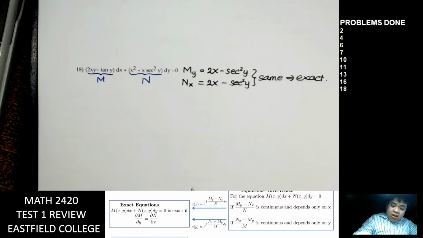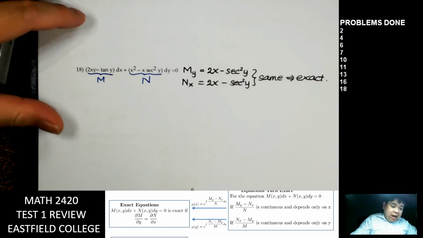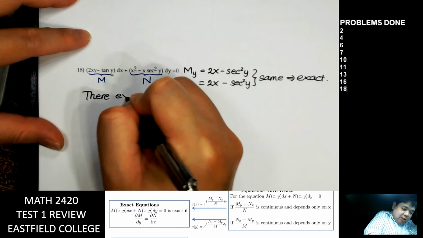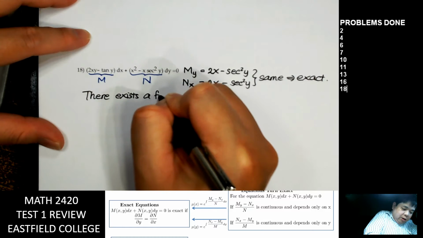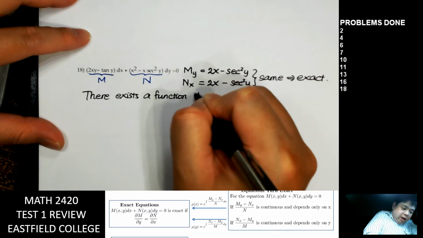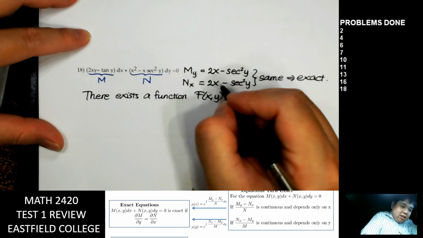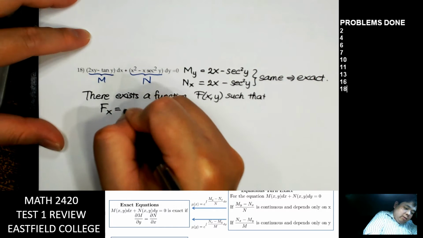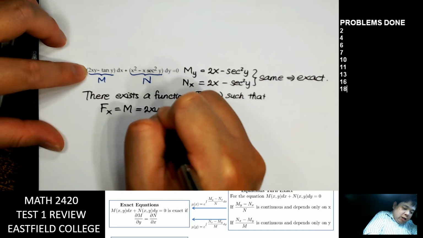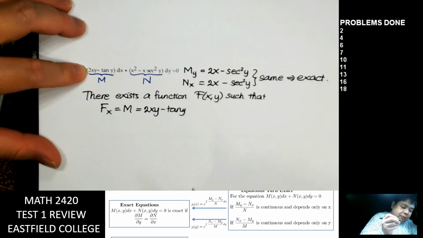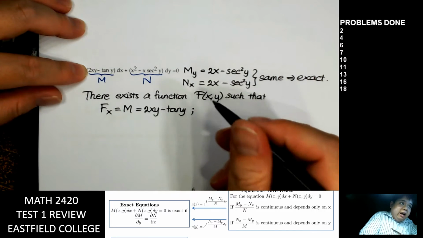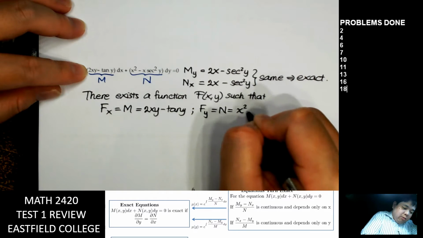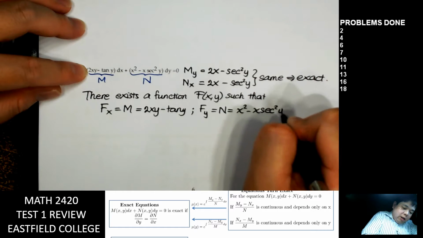And the equation being exact means that there exists a potential function, a function f of x and y such that the derivative of f with respect to x is equal to m, which is 2xy minus tangent y, and the derivative of f with respect to y is n, x squared minus x secant squared y.